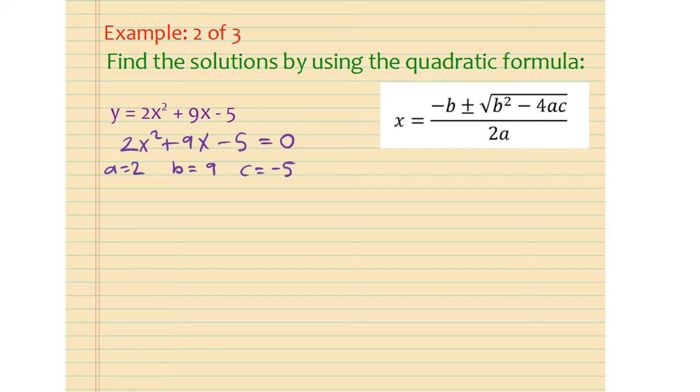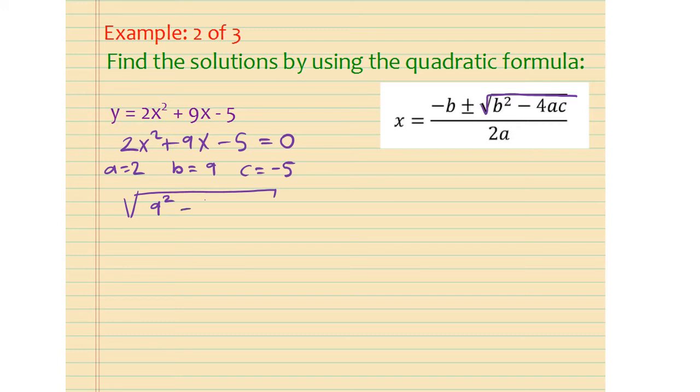Now, it kind of makes sense to determine what the discriminant is. So if we end up with no solution, there is no need to continue. But if we end up with solutions, the discriminant is already a part of this quadratic formula anyway, so we will use that part in the quadratic formula. Now, the discriminant is going to be equal to b squared minus 4ac.